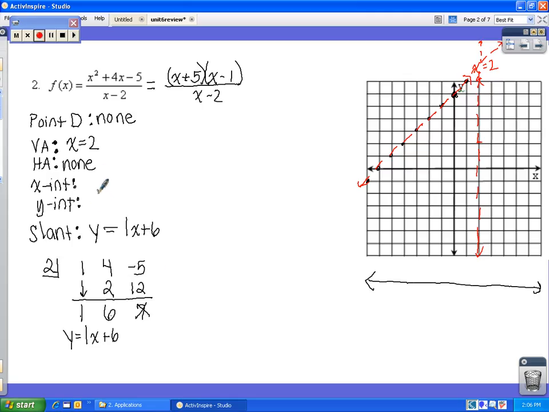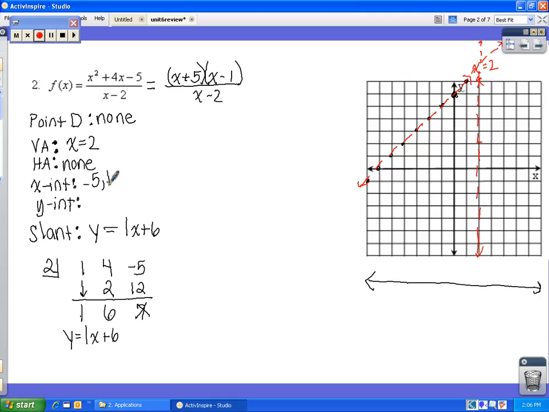So to find my x-intercept, that's when y is 0. So if I do 0 equals this, that's going to cancel out the bottom, and it's going to basically just be the opposite of these two. So my x-intercepts are -5 and 1.